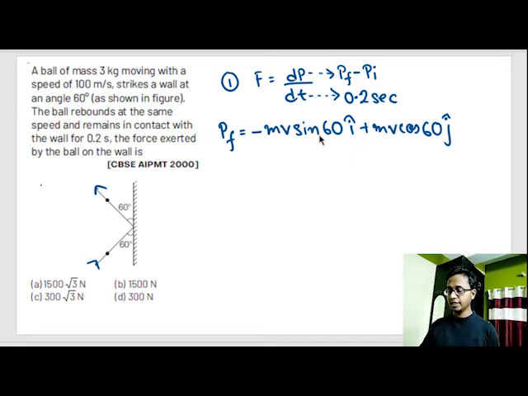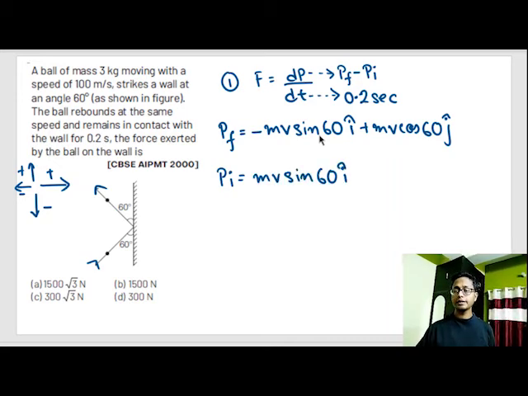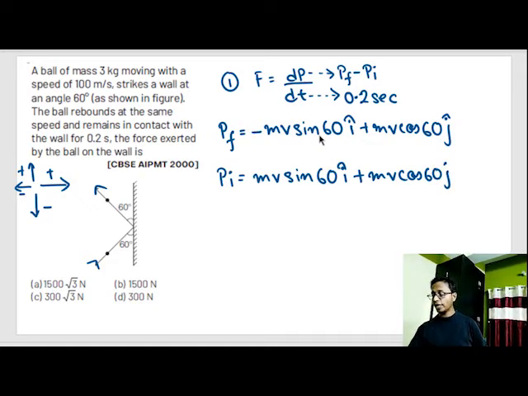That means I automatically assumed this side to be plus, this side to be minus, and upward to be plus, downward to be minus. Now what is initial momentum? Initial momentum is nothing but mv sin 60 i plus mv cos 60 j. Now see this y component of momentum, it is easily getting cancelled in final momentum minus initial momentum.